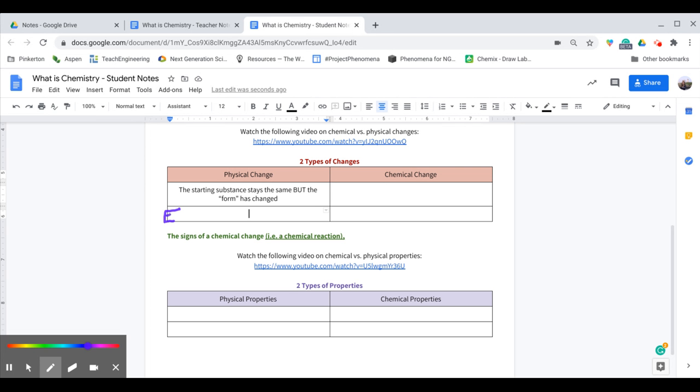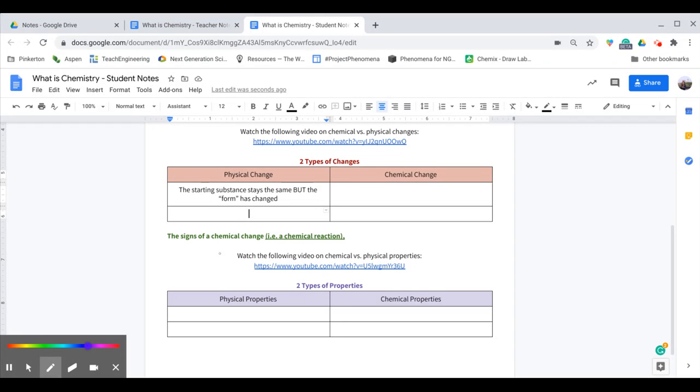So an example of this is salt dissolving in water. Okay, so the salt is still there. It's just super, super, super tiny and you can't see it with your eyes. It's still salt, it's just way smaller now.